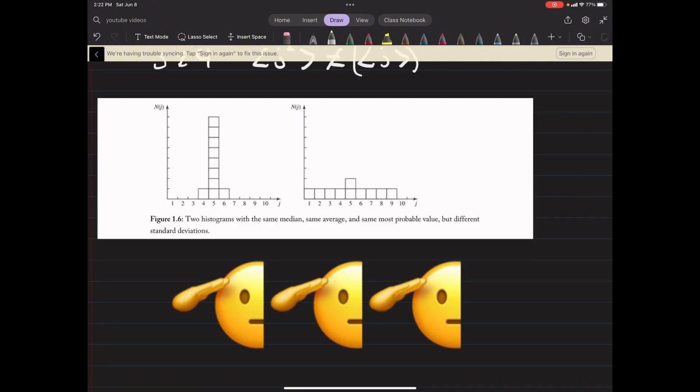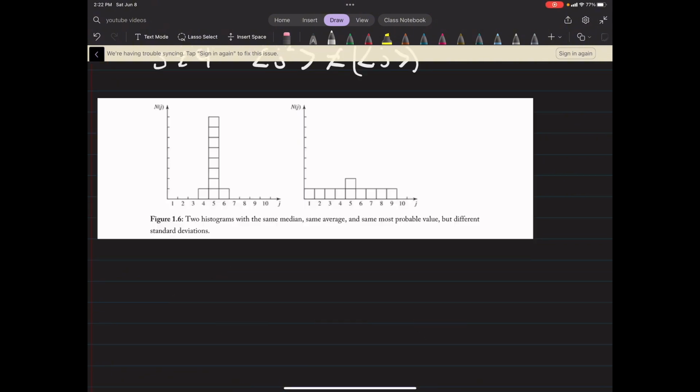Okay, and now what I want to talk about are these two graphs here that you can find in the textbook. Because if you were to go and calculate the different values like the mean, the average, the median, the number of data points, you'll find that they're all equal.